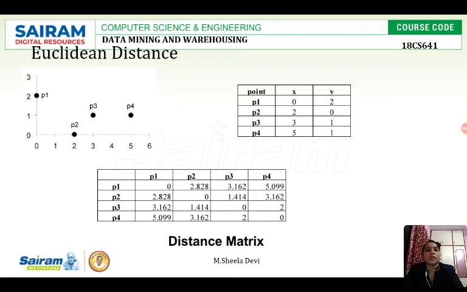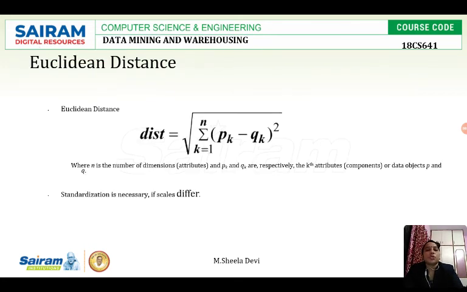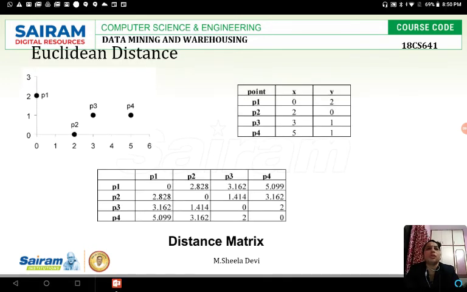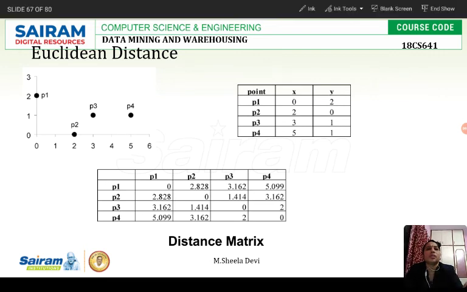See the formula here. The formula is root of summation of k equal to 1 to n of (pk minus qk) whole square. So we have to take the square root. I am taking the pen tool and I'll explain.